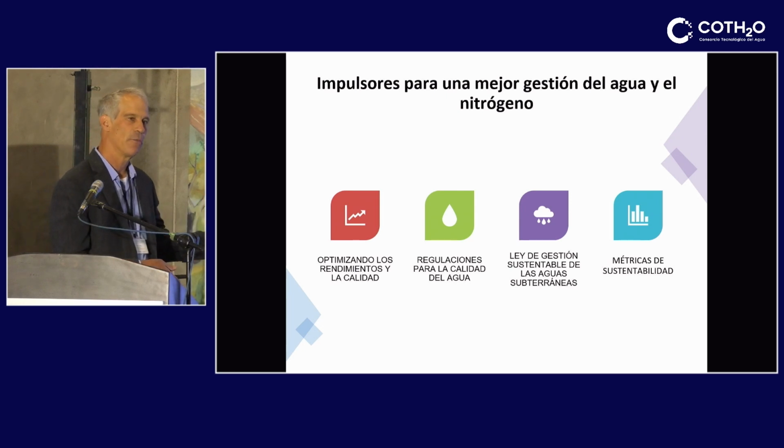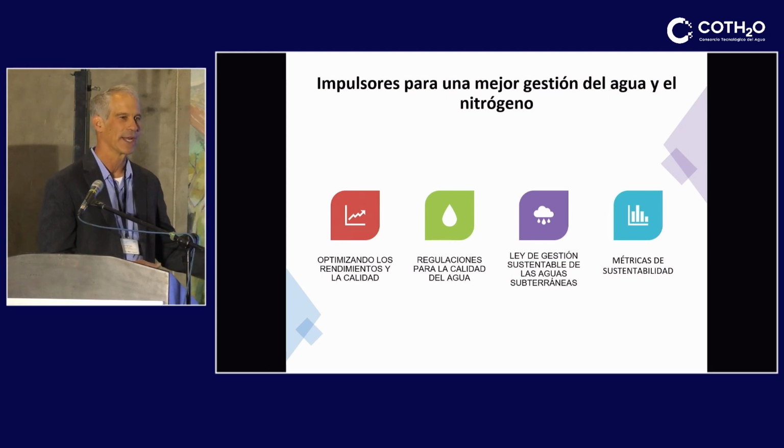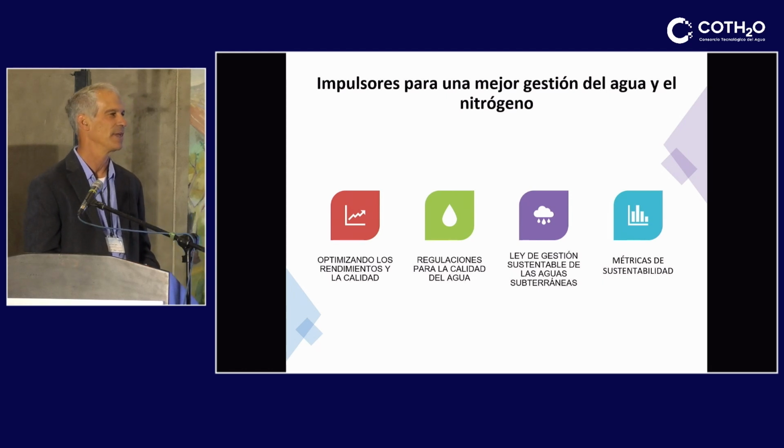But I always point out to farmers and growers when I do my extension work, the most important thing is you want to get your best yield, your best quality. But we have these water quality regulations also that are being implemented due to contamination in the groundwater as well as in the surface water.